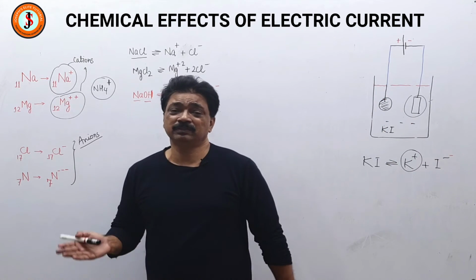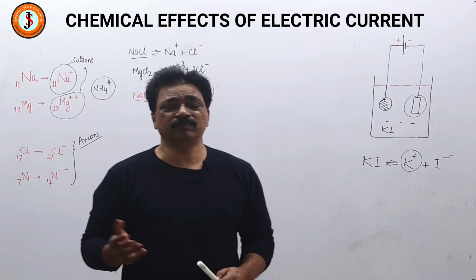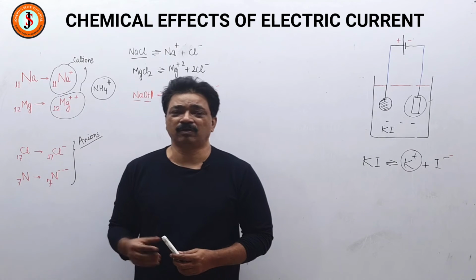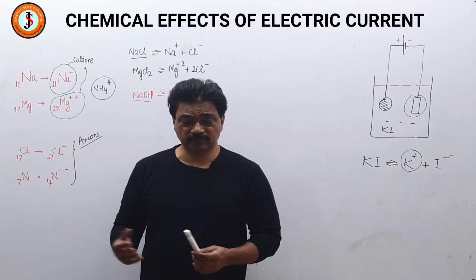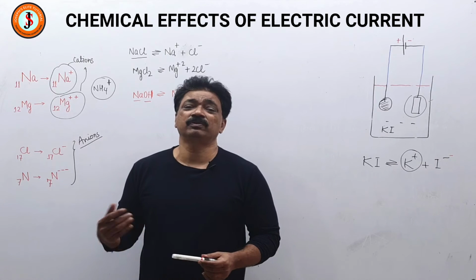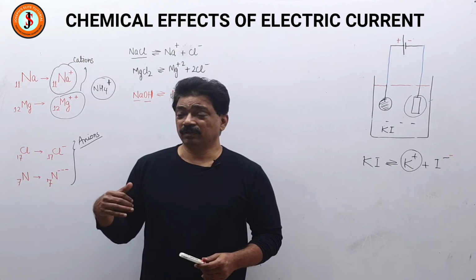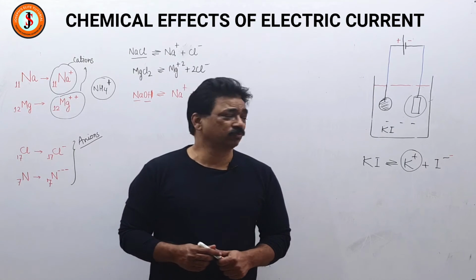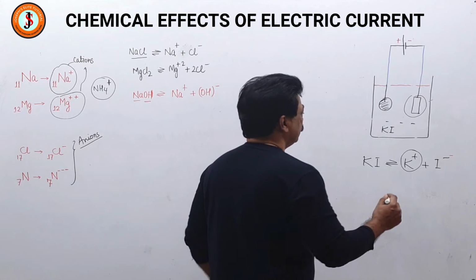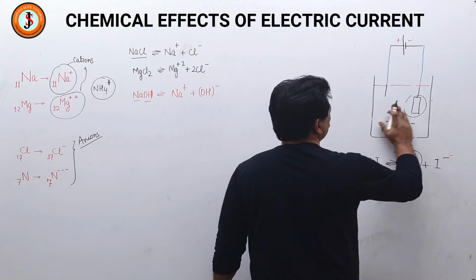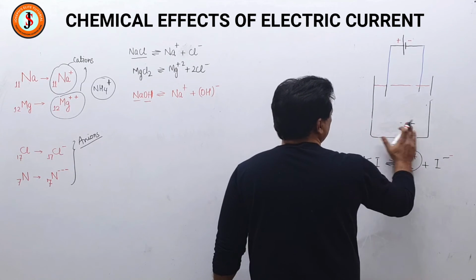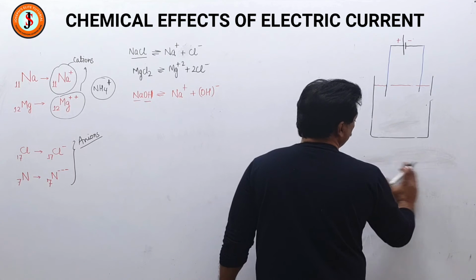Electroplating normally is just the opposite. For example, suppose you have a silver ornament, and you want it to appear like gold. Suppose you have a locket and we have to do gold plating.